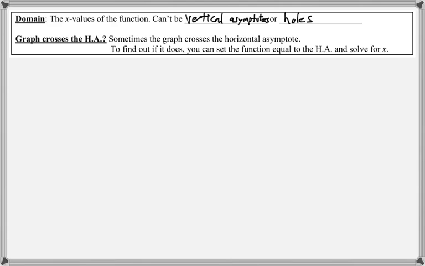But when it's kind of more local, it could be crossed. And then as you continue out towards infinity and negative infinity, it will approach it, but not actually reach it. So sometimes the graph crosses the horizontal asymptote. To find out if it does, what we need to do is set the function equal to the horizontal asymptote and solve for x.